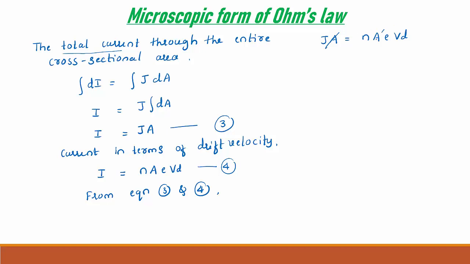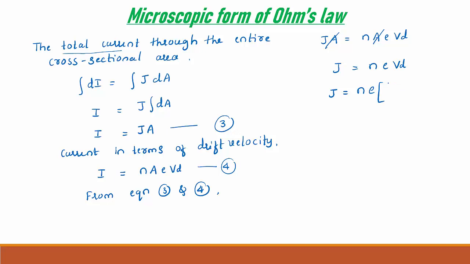Here the area A gets cancelled, and we get J equals n e Vd, where n is the electron density, e the charge of the electron, and Vd the drift velocity.